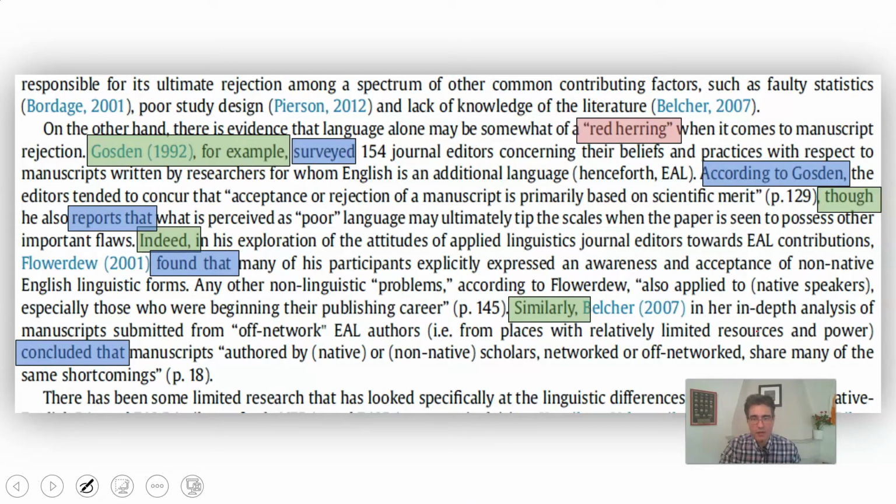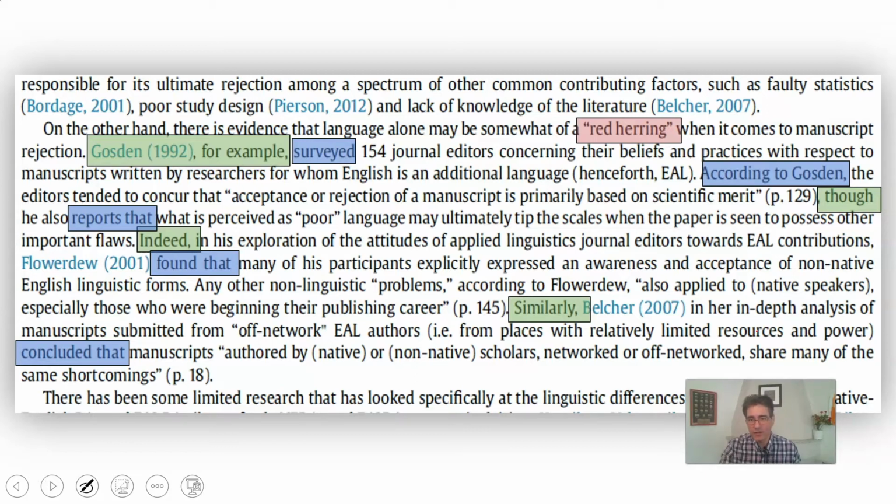And what you see here in red is my red herring ingredient. This is me cooking up red herring sauce, meaning I'm talking about all the things that make language a red herring according to all of these ingredients. Everything you see there in green is my own voice. And then the parts in blue are basically saying what they found, and all of that together makes up my sauce.